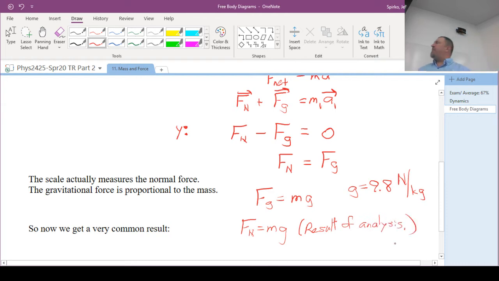And it's important to remember that this is not an always equation. This is the result of analyzing this particular situation. Now, it's a very common situation, but there are certain assumptions and certain knowledge that's built into this analysis that needs to be true in order to keep this result true.